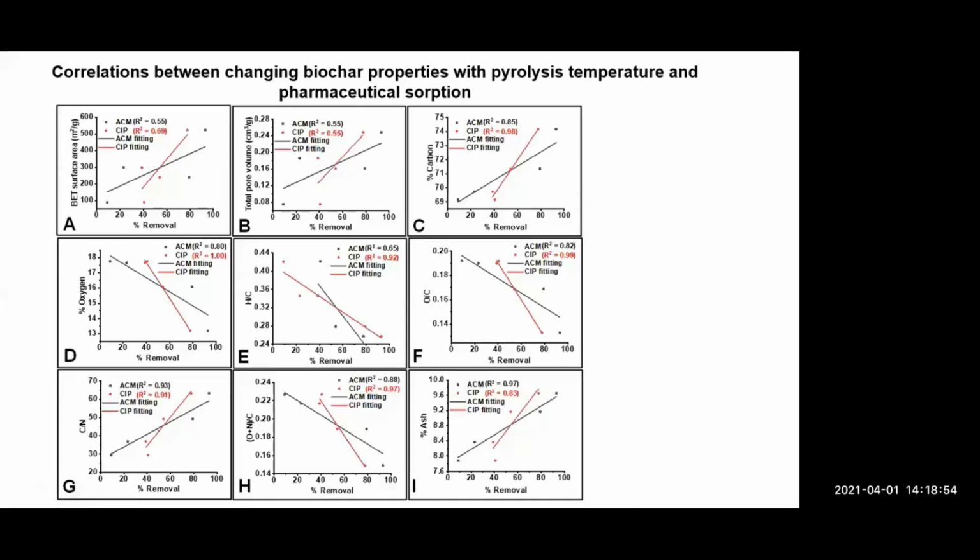Although ciprofloxacin showed higher correlation as compared to acetaminophen in case of percent oxygen and percent carbon, acetaminophen shows higher correlation with percent S content of the biochar.